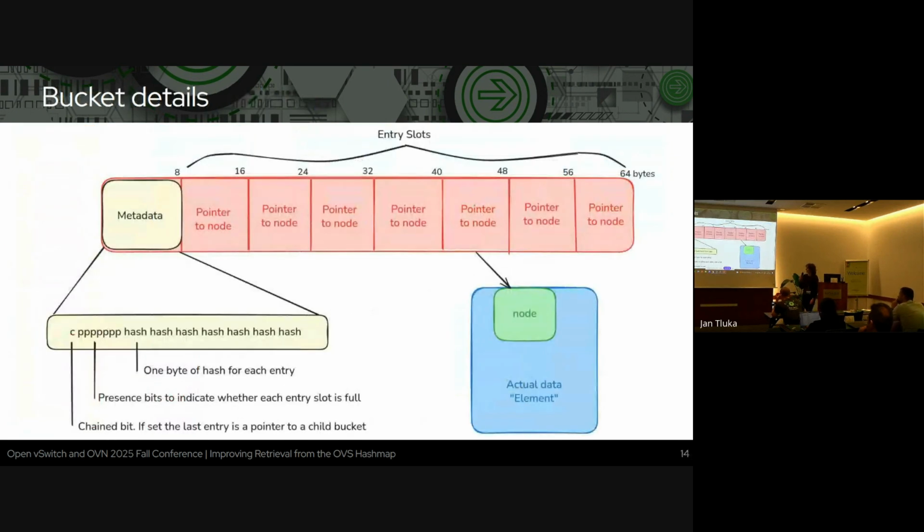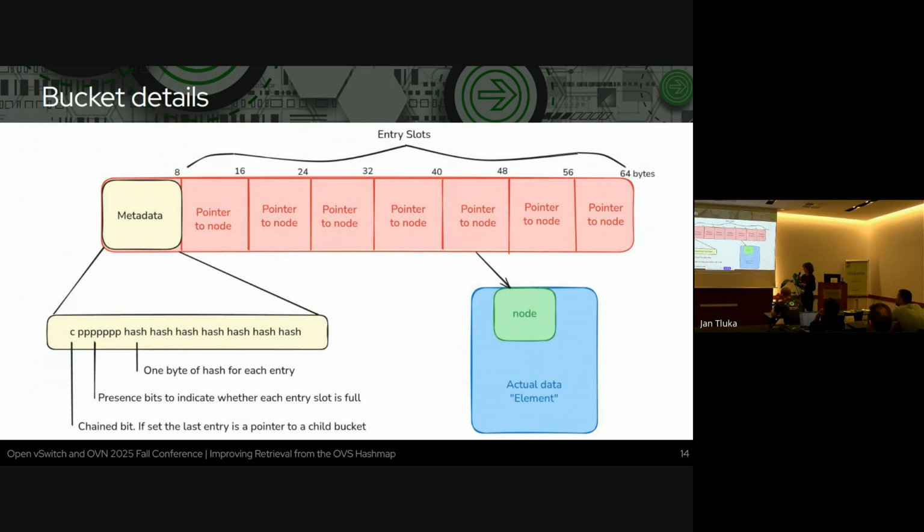And then inside of the bucket, there's some metadata and then the actual pointers. On the right, there are 7 pointers, and on the left, there are 8 bytes of metadata. Inside the metadata, the first bit indicates if the last node is a pointer to a child bucket, because as I showed in that last graphic, you can move the last node to the child bucket.